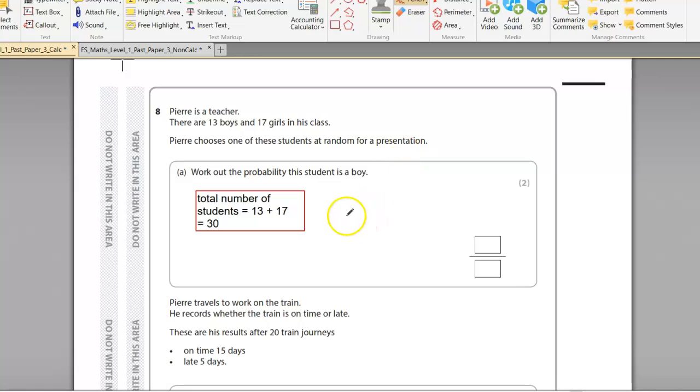And out of those 30 students, 13 out of 30 are boys.